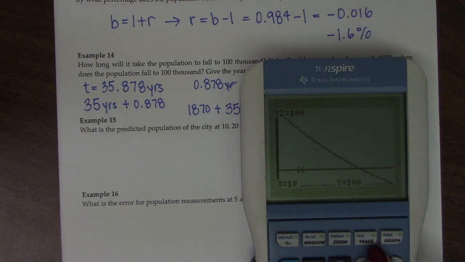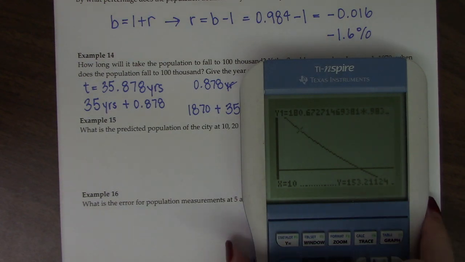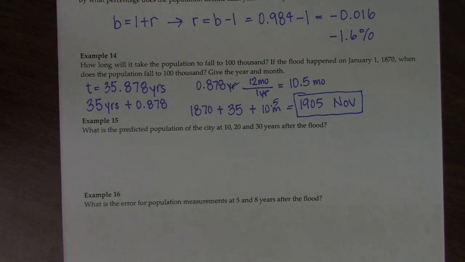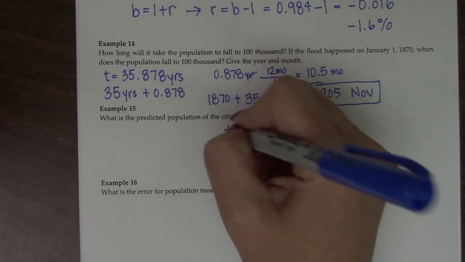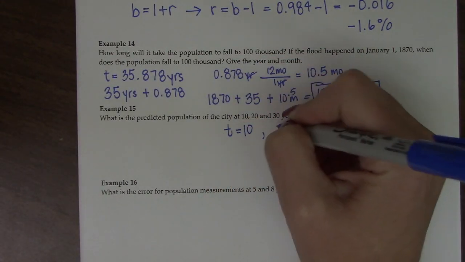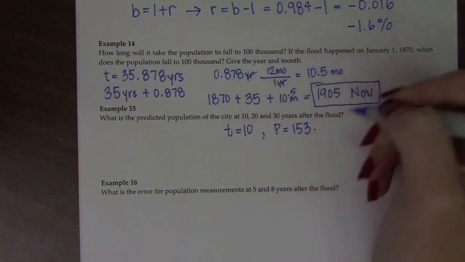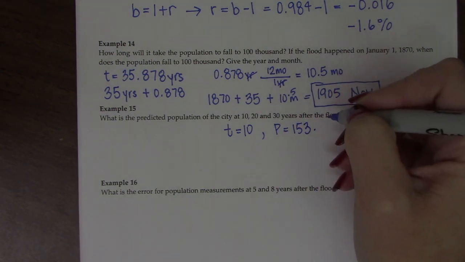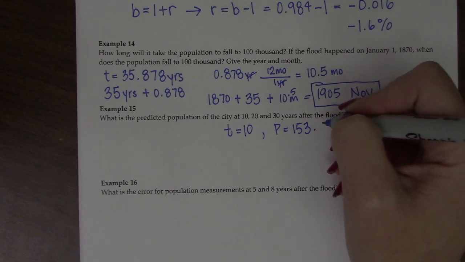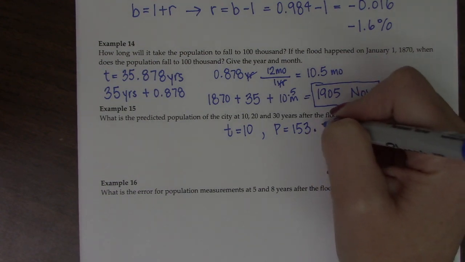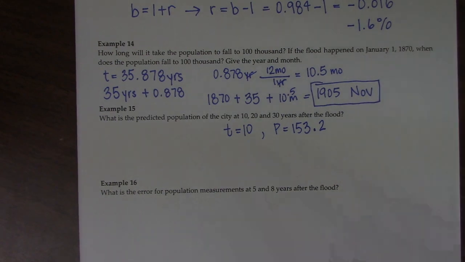So if I scroll up, I can now see the population at 10 years, and it's right here. So when T is 10, the population is 153. Since my table only rounded to 1 decimal place, I'm going to round to 1 decimal place, so 153.2. Obviously, on your exams, they tell you exactly how many decimal places to round to.